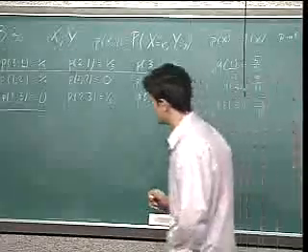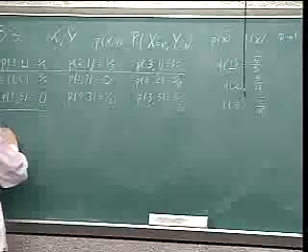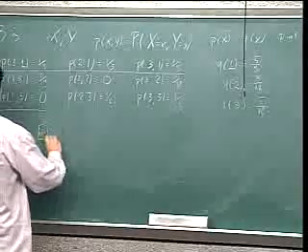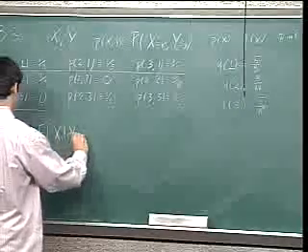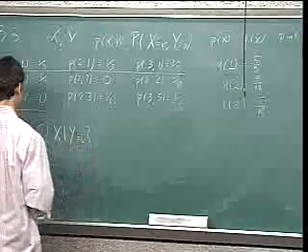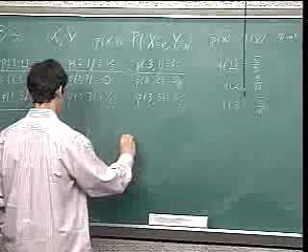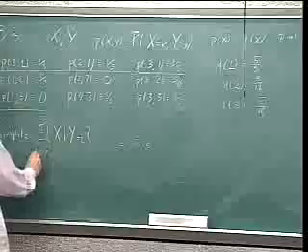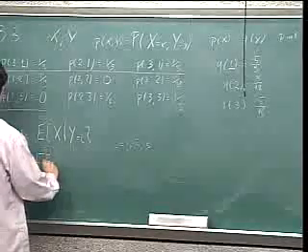So now we want to compute the conditional expectation for i equals 1, 2, and 3. Now remember what this expectation is.